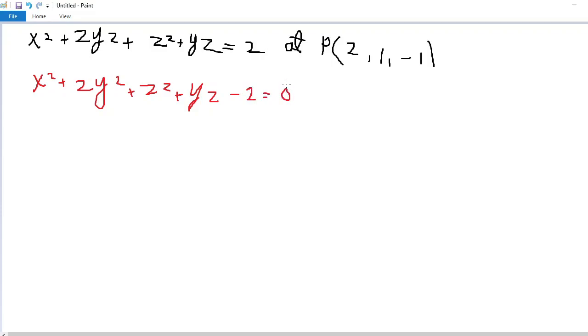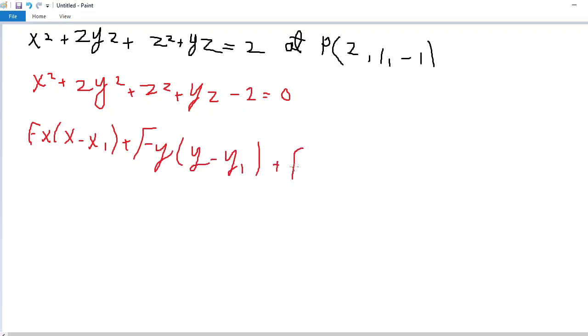The equation says, let me write it here: fx times (x minus x0, or you can say x1, it doesn't matter), plus fy times (y minus y1), plus fz times (z minus z1), equal to 0.